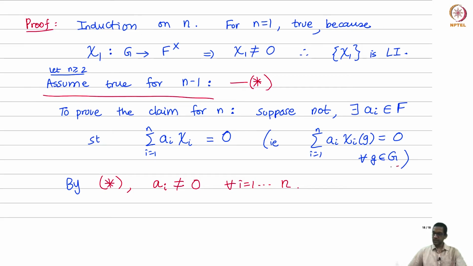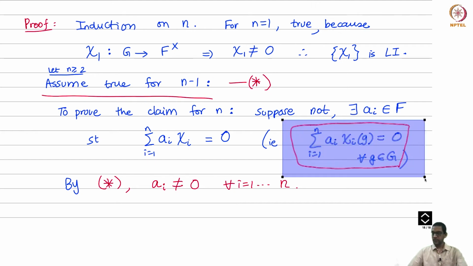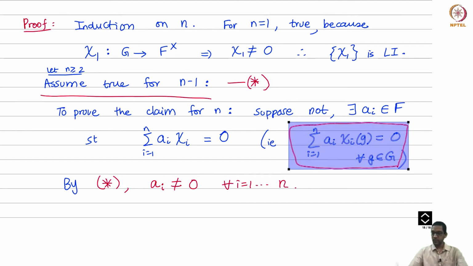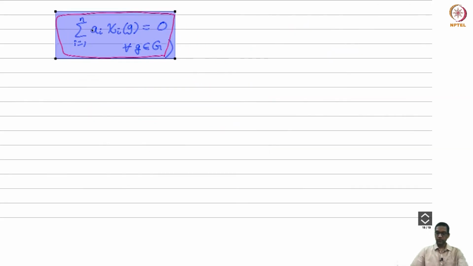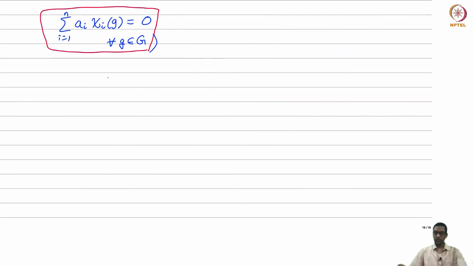So this little relation here is what we need. We know that this linear combination is 0, and what we are going to do is to substitute, in place of G, GH. So let's keep this intact. Let's copy. So here's what I know to be true.